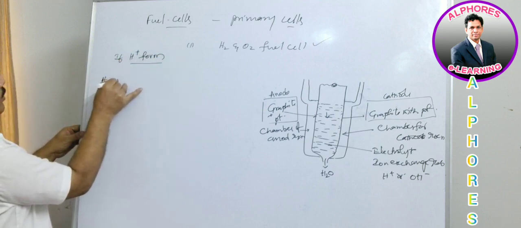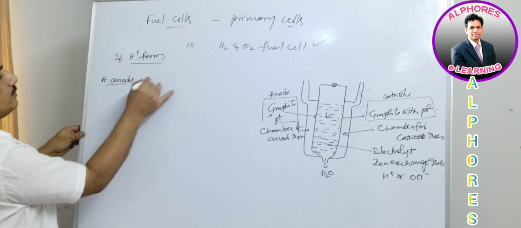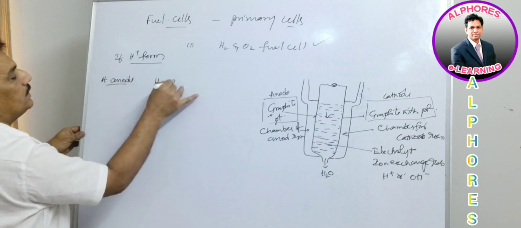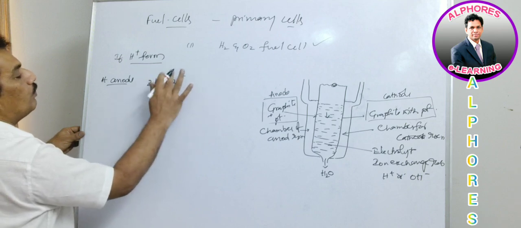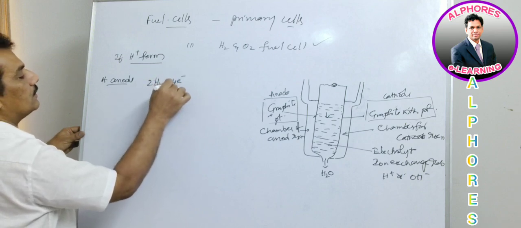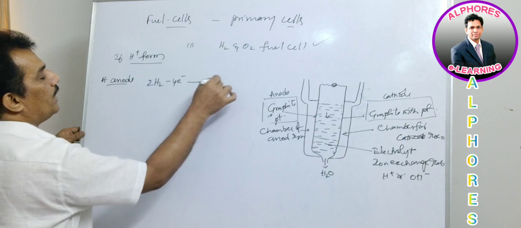Now, if the H plus form is present, then the reaction will be like this. At anode, H2 by releasing 4 electrons will convert into 4H plus.